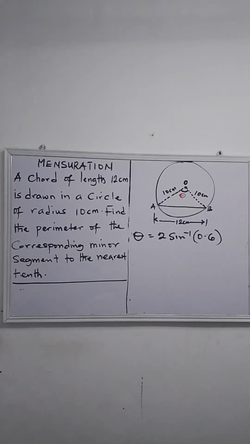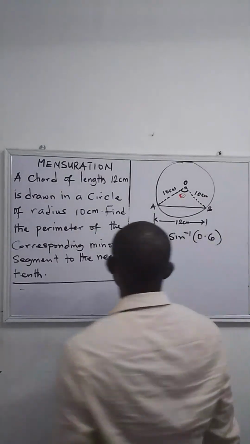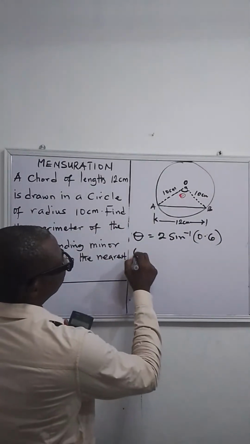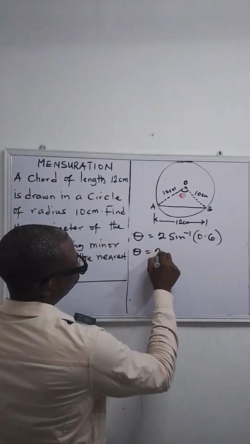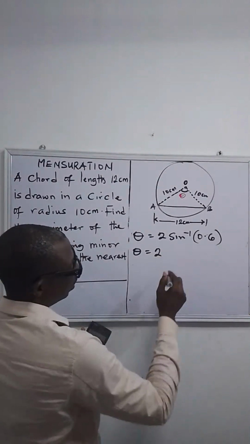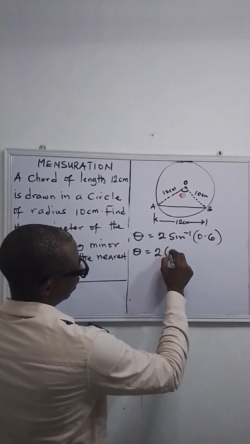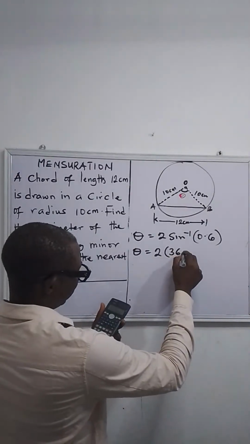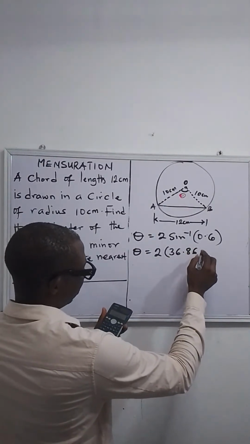If you have your answer, please make sure you drop it in the comment section. I think I've seen the correct answer there. So if you punch your calculator, you have theta equals 2 times, and now what you have is going to be 36.8698.